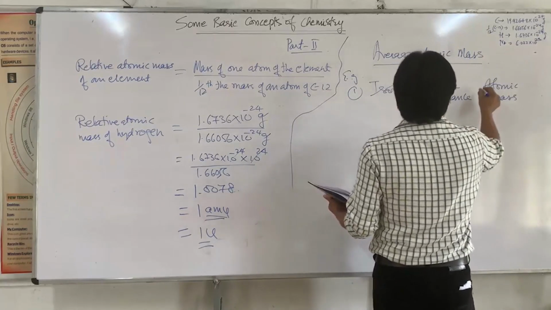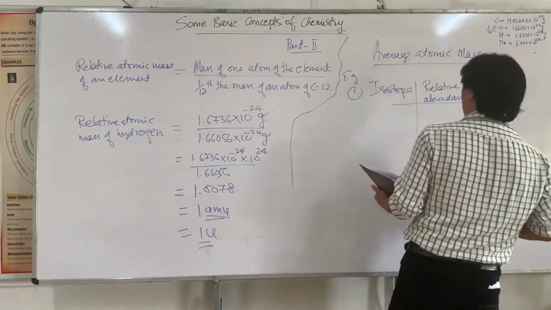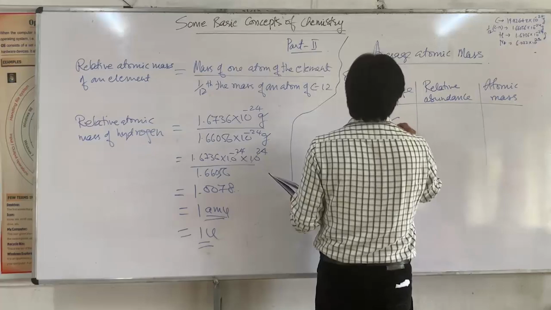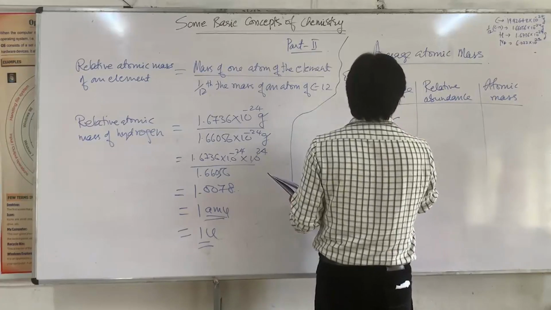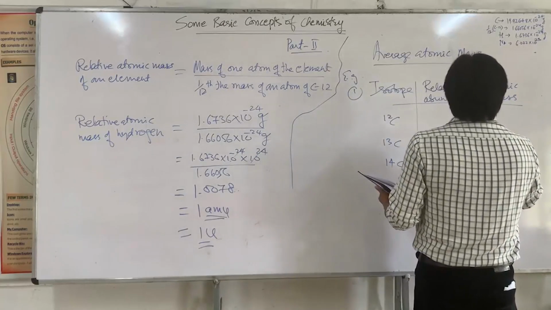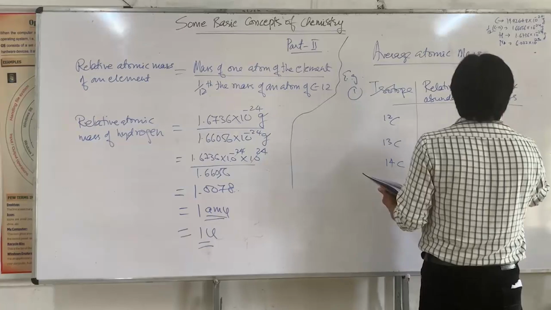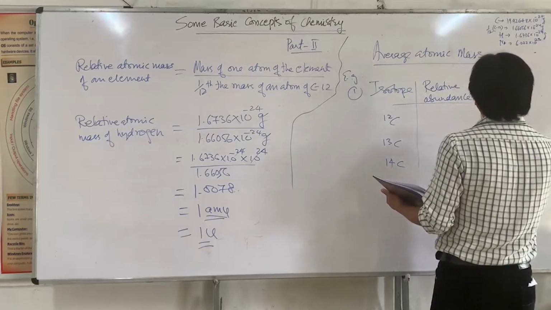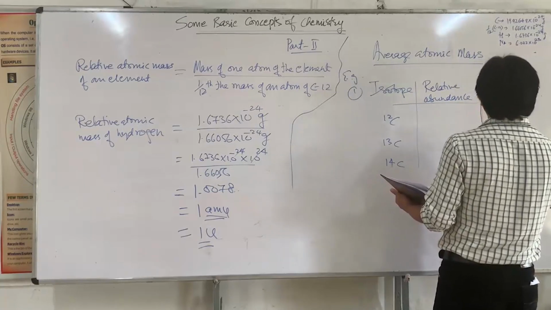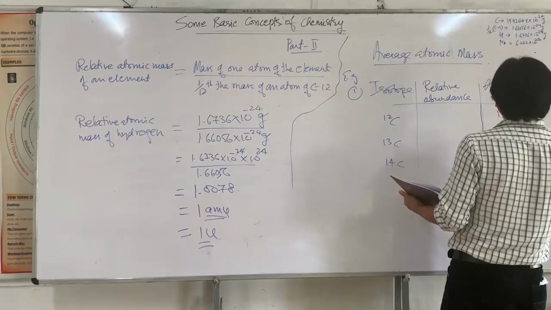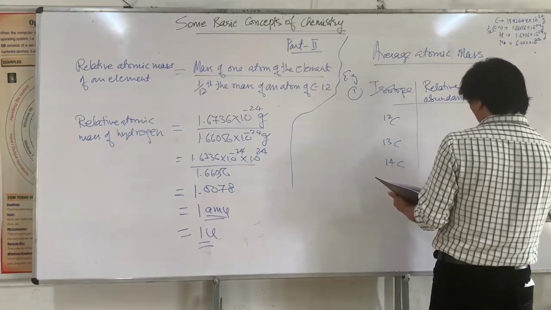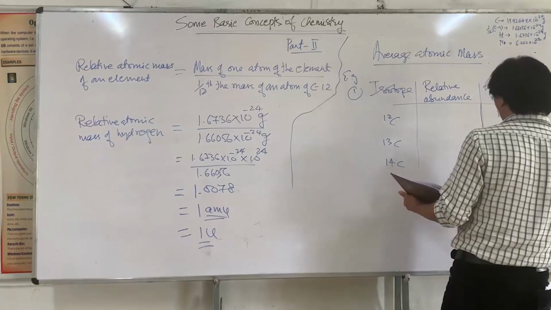Now talking about average atomic mass, you know that the isotopes of carbon are carbon 12, carbon 13, and carbon 14. Their atomic masses are: carbon 12, it is 12; carbon 13, it is 13.0035335; and carbon 14, it is 14.00317.